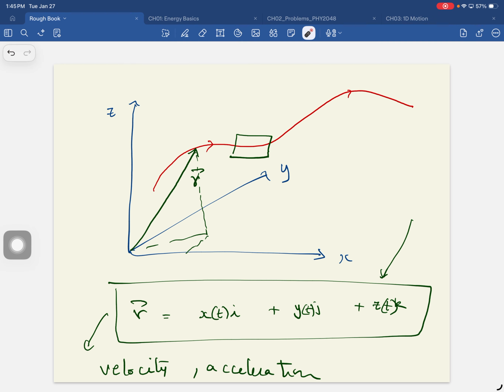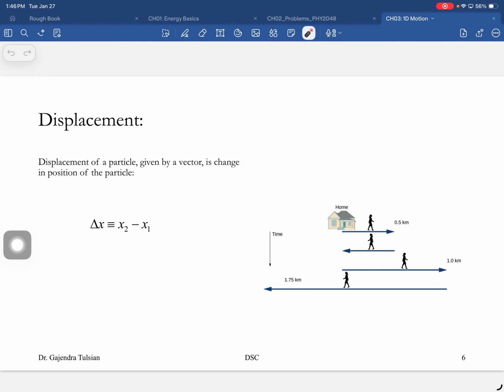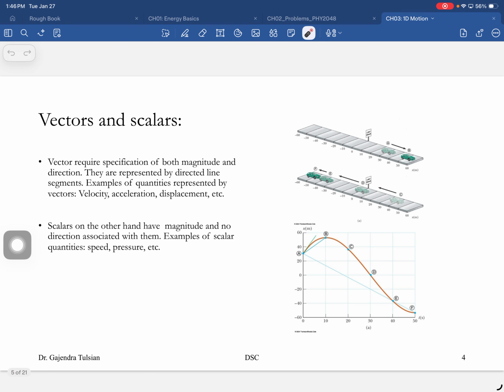I'm giving you stuff that we'll learn over the next 2 chapters. So what did we learn? If you want to describe a motion in 1 dimension, give me the x position as a function of time. Let me do an example. I'll just make up a function.